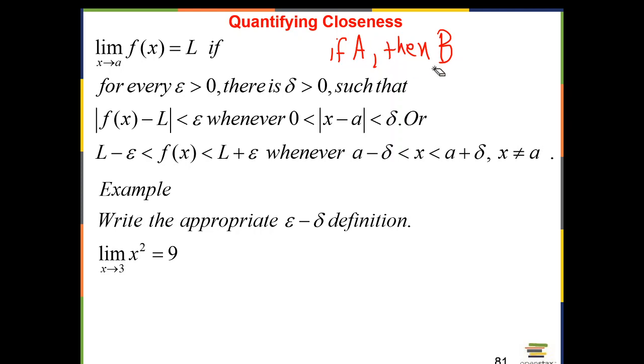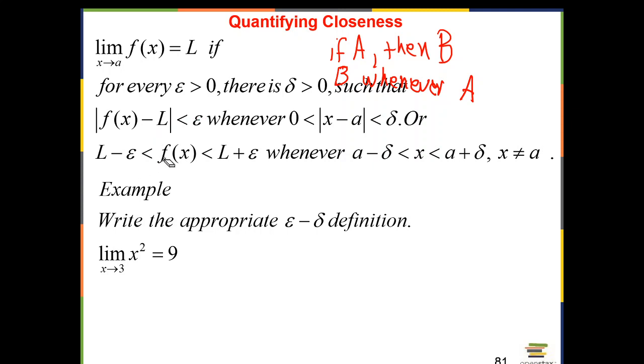If A, then B. So instead of writing it this way, we could also write it this way: B whenever A. So that means B is true whenever A is true. That's exactly saying the same thing. If A is true, then B is true, right? So these two statements are equivalent in math. Sometimes you see in some textbooks they write it this way, and so we have to understand that. But usually we write it the first way to prove it.